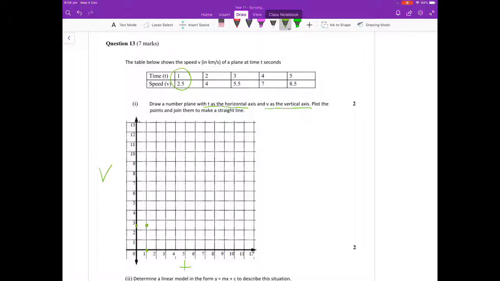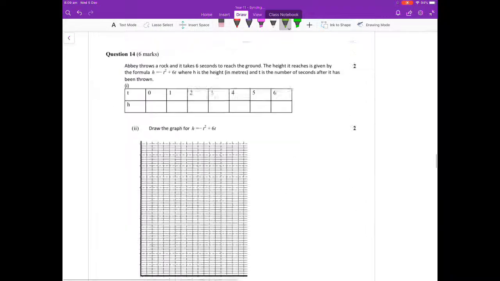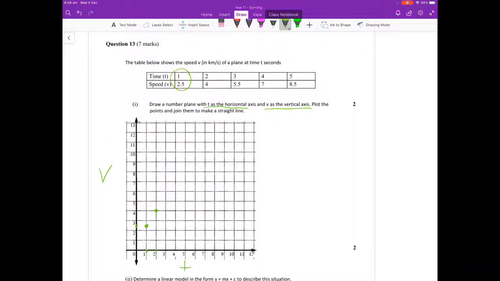We're going across 2, we're going up 4, going across 3, going up to 5.5, across to 4, and up to 7, across to 5, and up to 8.5.